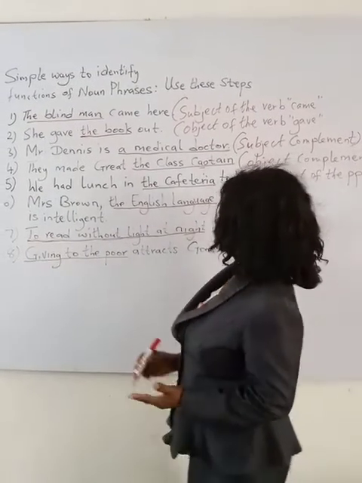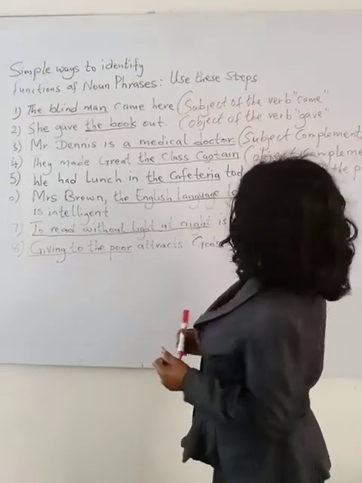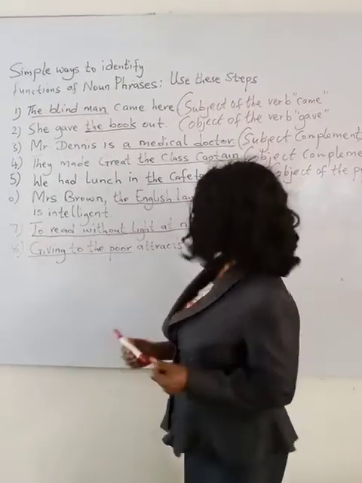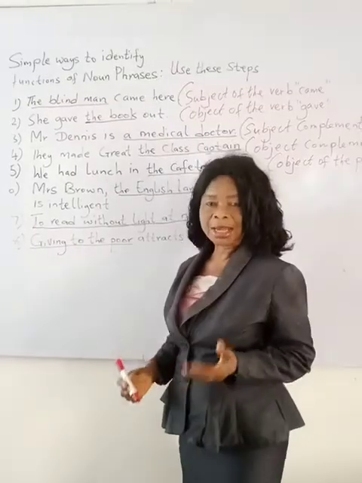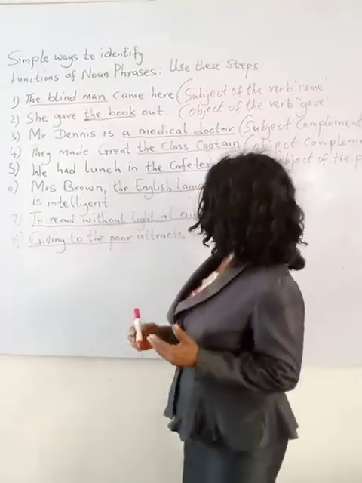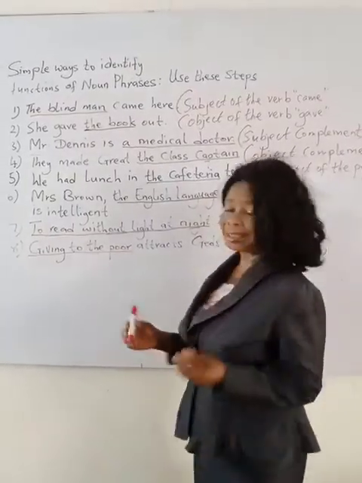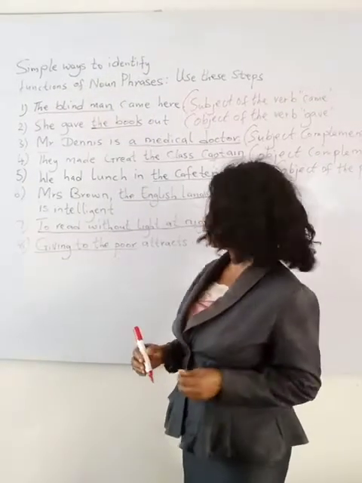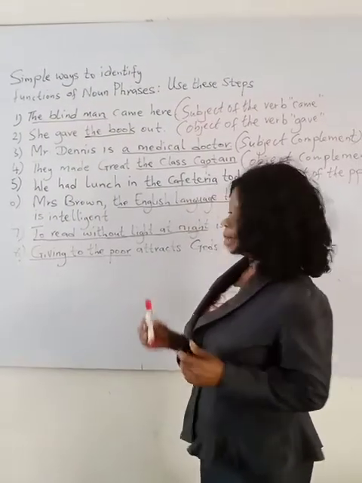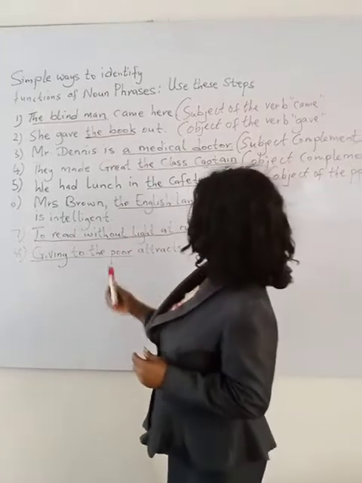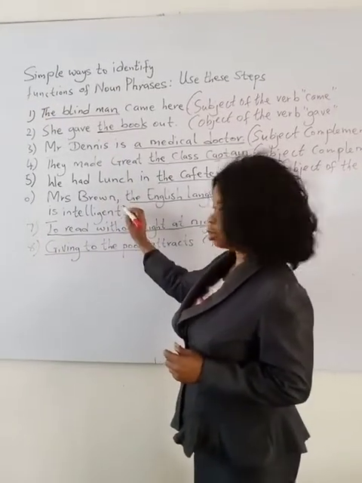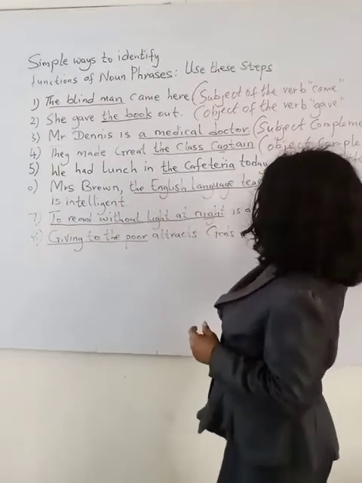Then the next one, Mrs. Brown, the English language teacher, is intelligent, and we say that the English language teacher here is a noun phrase. Now we can see that the noun phrase, the English language teacher, is the same as the noun Mrs. Brown. But the difference between this and number 3 is that after Mrs. Brown we have punctuation marks, commas.